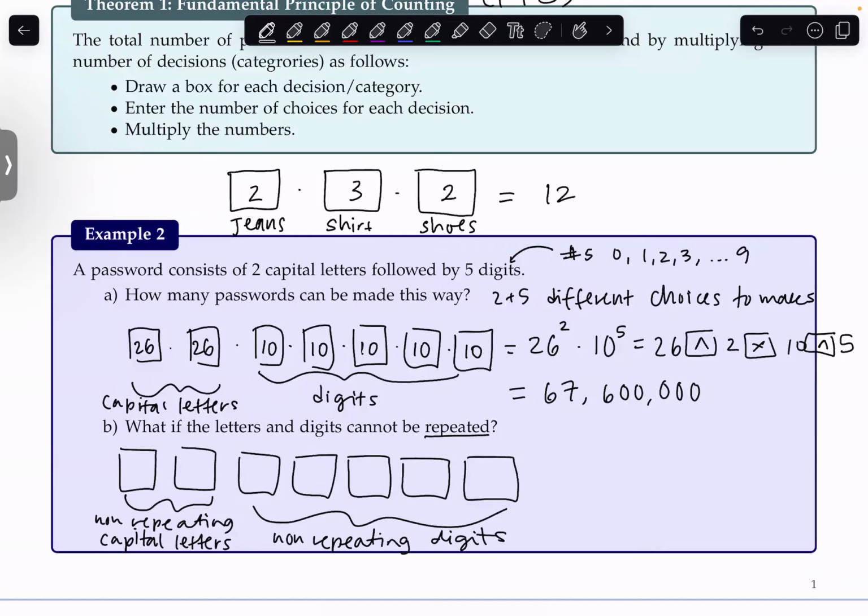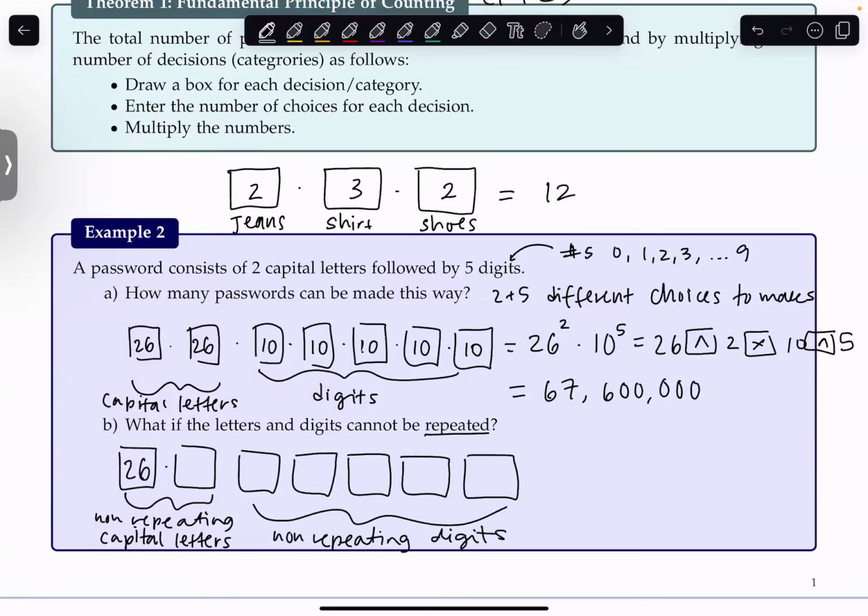If this is the first choice that I'm making, I know I need to use a letter that has not been used, but because I have not made any choices already, all 26 letters are allowed. And now let me make my choice for my second box. Now here, again, I need a capital letter that's not repeating, but I've already picked a letter. So this is saying I'm allowed to use every letter except for the one that I used previously. So here I originally had 26 options, but because I already picked one letter, I now have 25 options for the second box here.